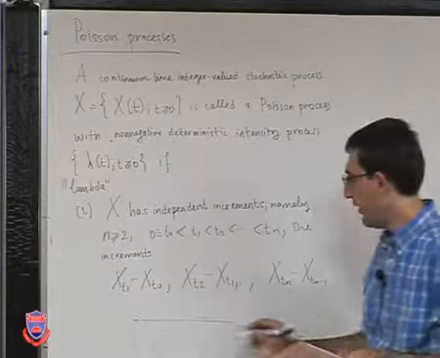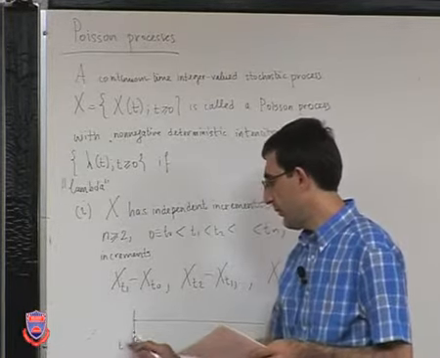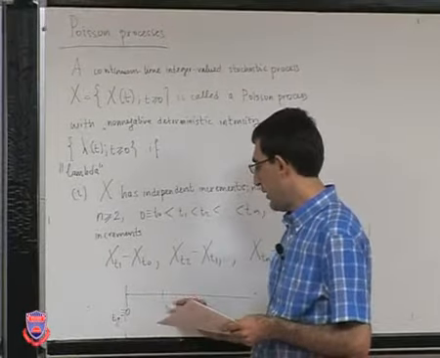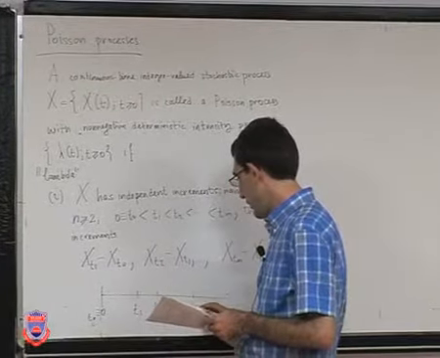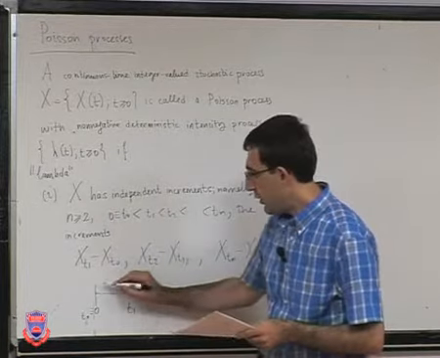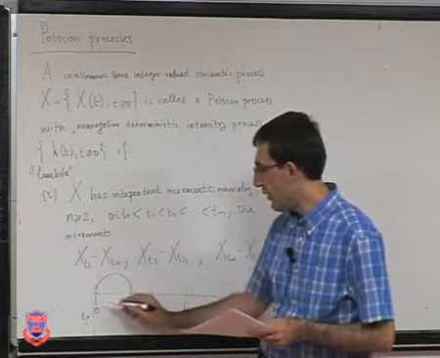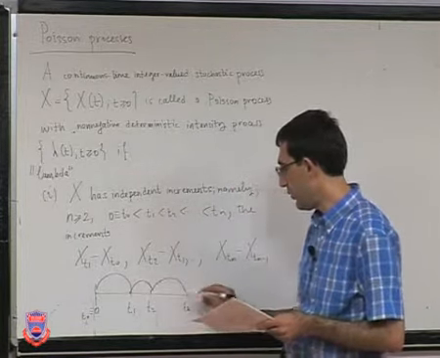So if you take an axis, time axis, at time 0, you start observing this process. Then we have time t1, t2, t3, like this. And we look at the change, the increment in the process from time 0 to time 1, from time 1 to time 2, from time 2 to time 3.